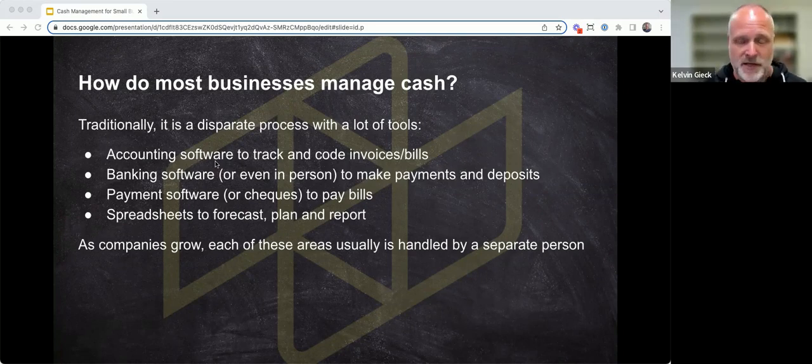You're using that same software to probably produce reports that you need for your spreadsheets. You could be using banking software to make payments, or you could actually be making those in person using checks, or you could be using payment software to pay those bills, and you could be using spreadsheets to forecast, plan, report, and aggregate the data and manipulate it all. And so lots of different tools here.